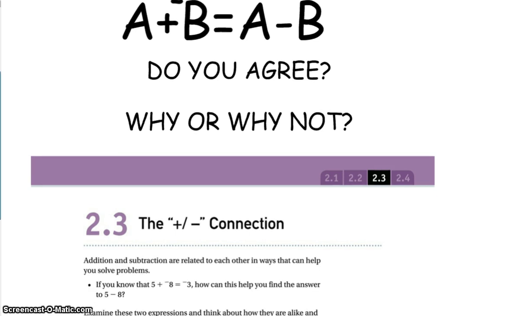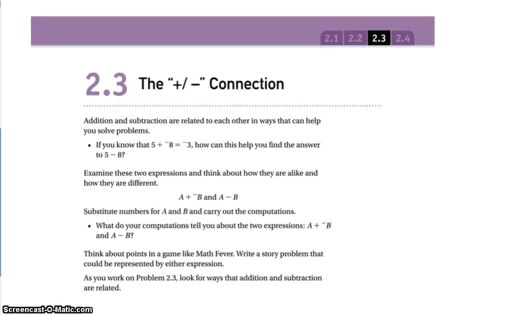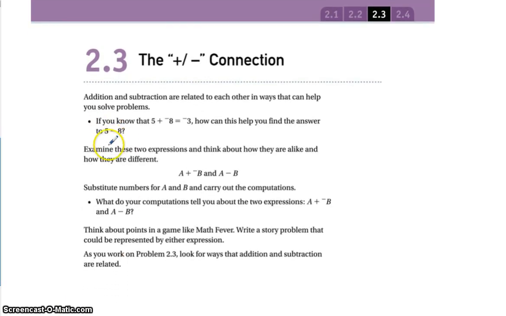So let's take a look at the introduction to our lesson. The lesson says that addition and subtraction are related to each other in ways that can help you solve problems. If you know that 5 plus a negative 8 equals negative 3, how can this help you find the answer to 5 minus 8?